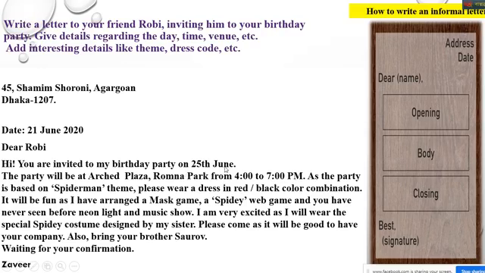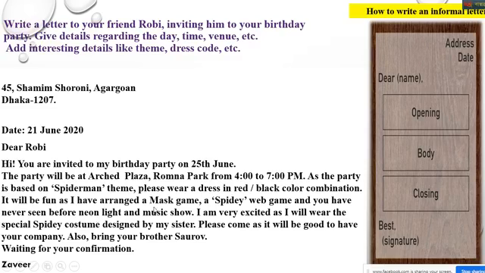25th June. The party will be at Orchid Plaza, Ramna Park from 4 p.m. to 7 p.m. As the party is based on a Spider-Man theme, please wear a dress in a red, black color combination. It will be fun, lots of fun.